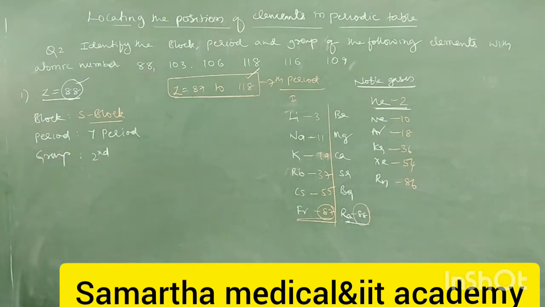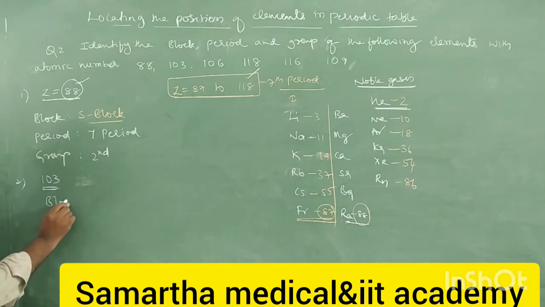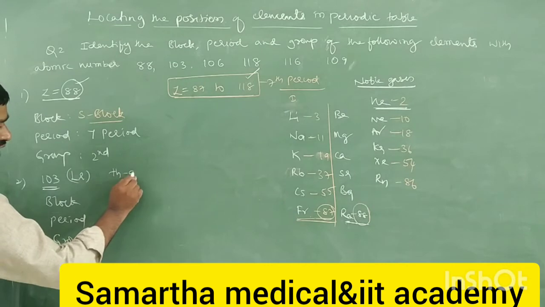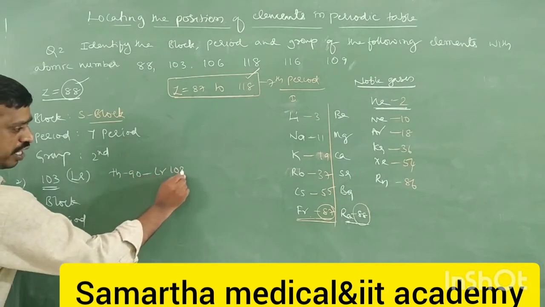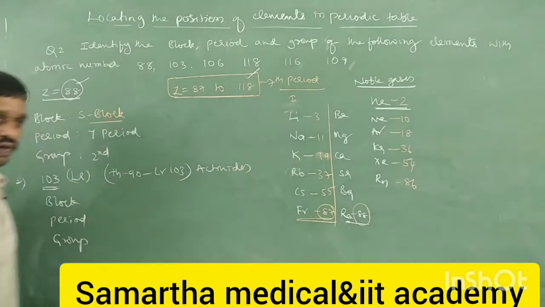Okay. Next, 103. Come on, tell me. First is block. Which block does it belong to? F block. Why? Do you know atomic number 103 is Lawrencium, right? We know that thorium 92 and Lawrencium 103 belong to the actinides, right?